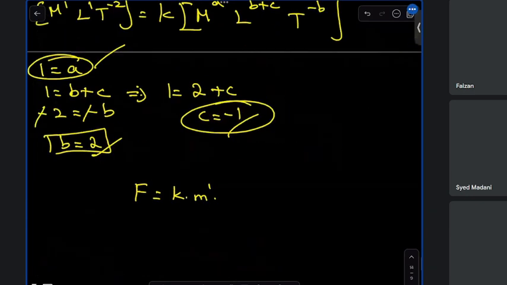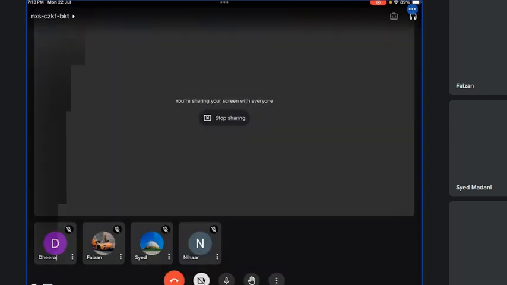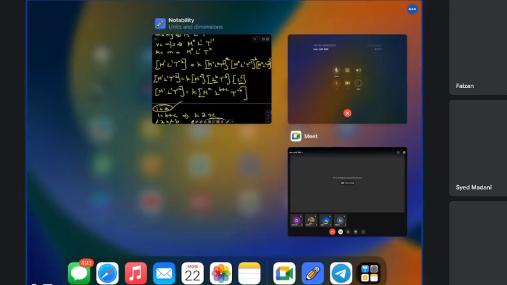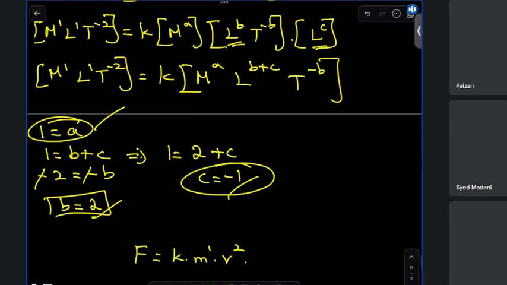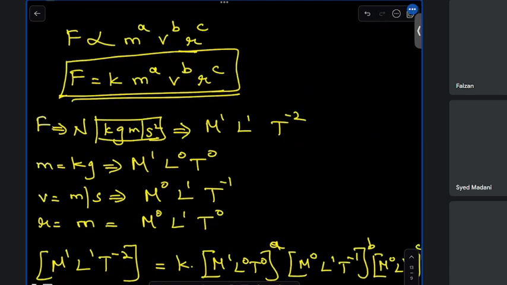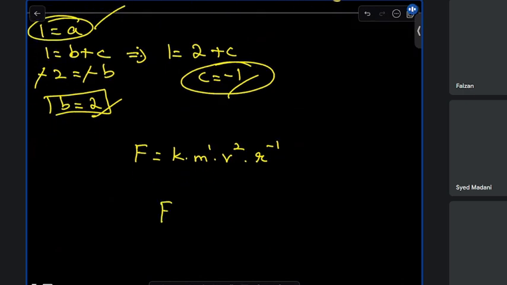V to the power B, V to the power 2, into R to the power C, R to the power minus 1. Now what are you going to do? The minus 1 is there, which means I'll be able to write that in the denominator. So F will be equal to K into M V square divided by R.